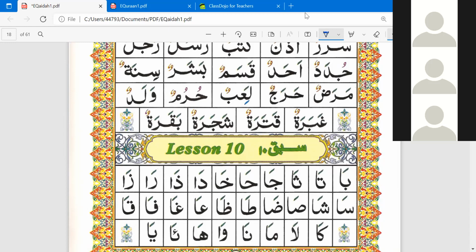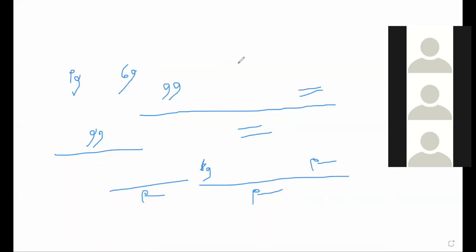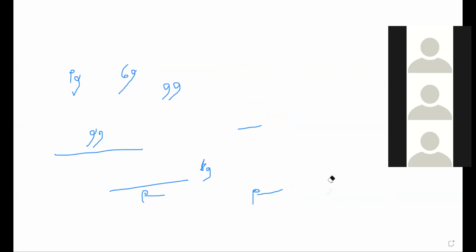Then if we want to elongate, we use these 3 haraka. If you want to what? Elongate, we use the 3 haraka. Are we together? We have 3 haraka. And if you want to elongate, we use the same 3 haraka. Okay. Now, the first one is what? What is the first one? Fataha.